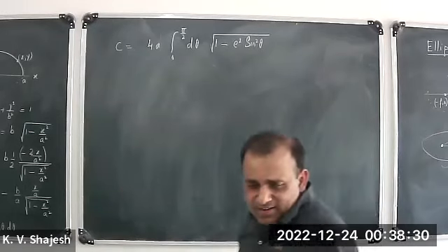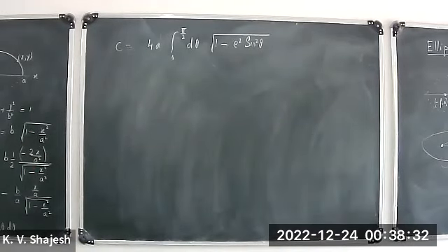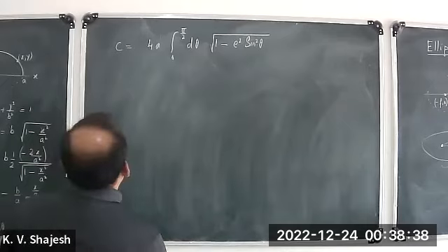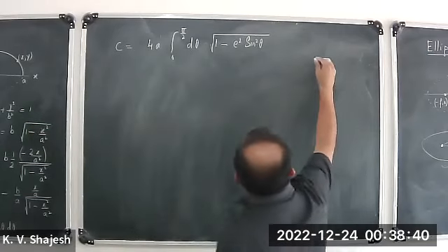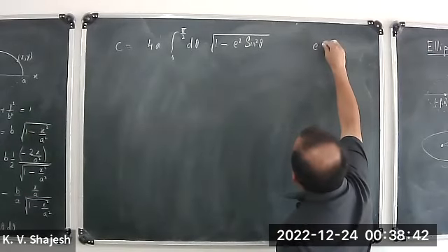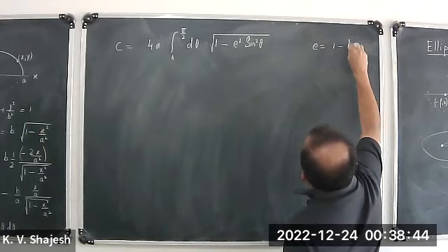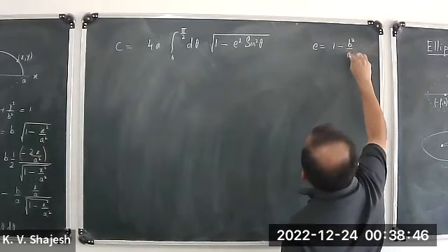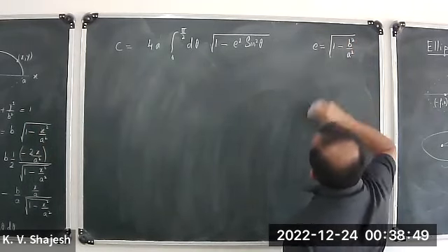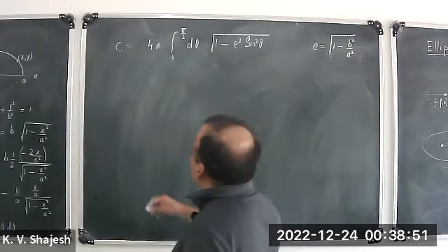This integral cannot be done in a closed form, but let's very quickly check what could happen. Remember, e was equal to the square root of 1 minus b square over a square. What happens when e is equal to 0?